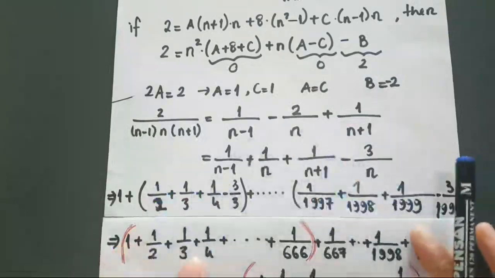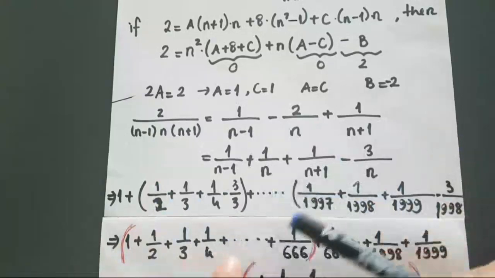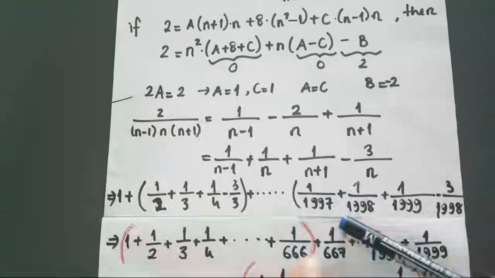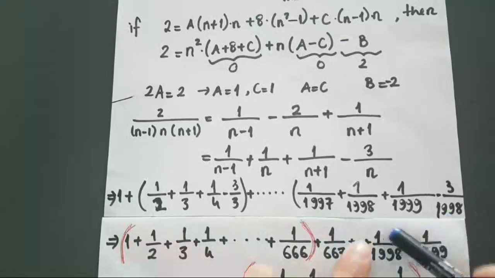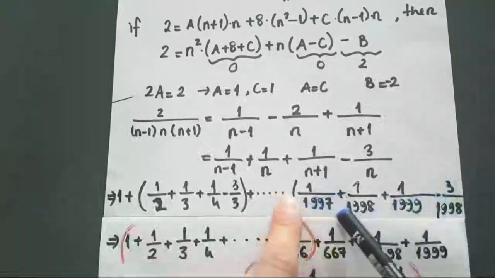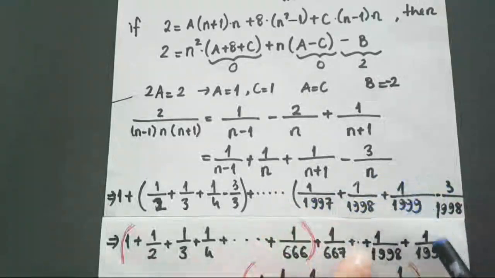Then the next will be 1 over 5, 1 over 6, 1 over 7, 1 over 8, 1 over 9, 1 over 10, and so on, 1 over 666, 1 over 667, and so on, until from the last one we have 1 over 1997, 1 over 1998, 1 over 1999.